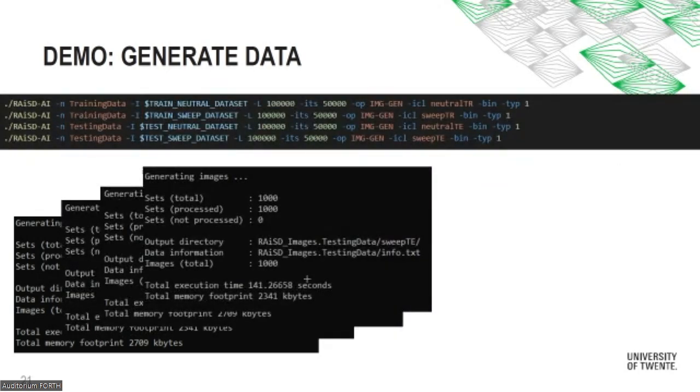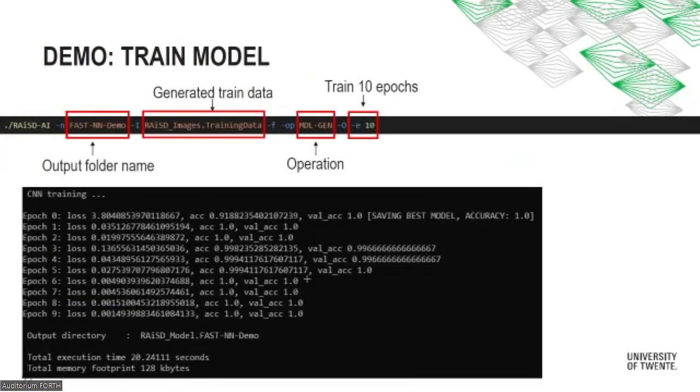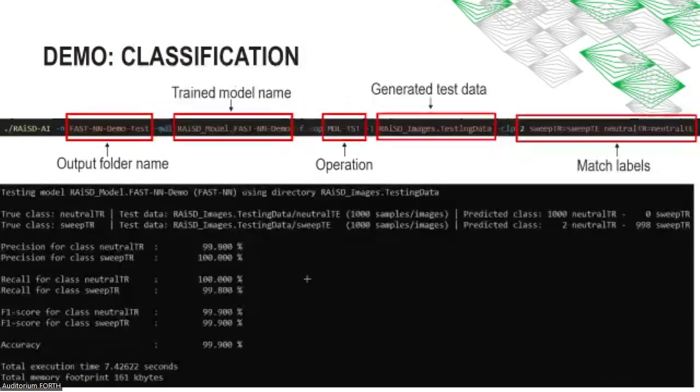You can do that for training and testing data sets, and then you can very easily train the model presented, or maybe a model that you design yourself, by specifying the generated image data and the number of epochs that you want to train for.